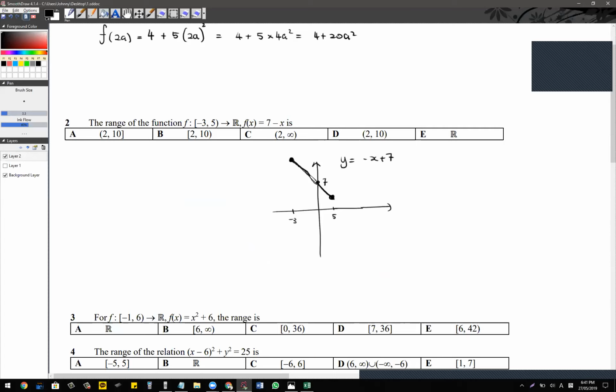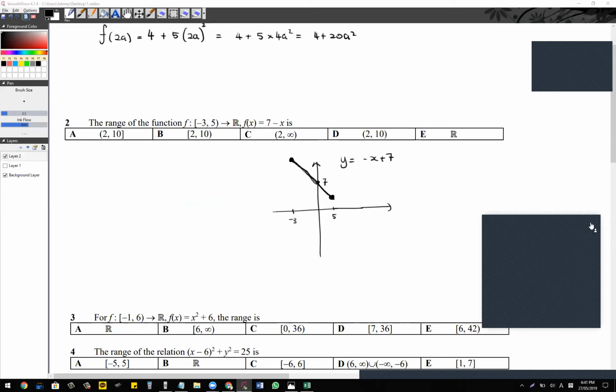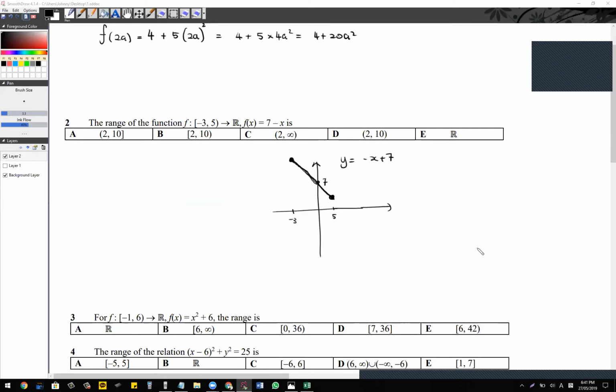Do you think it's all correct? Justin? That's right. So Justin said this needs to be a hollow circle. So that needs to be an empty circle because it doesn't include 5. Okay, it includes -3.